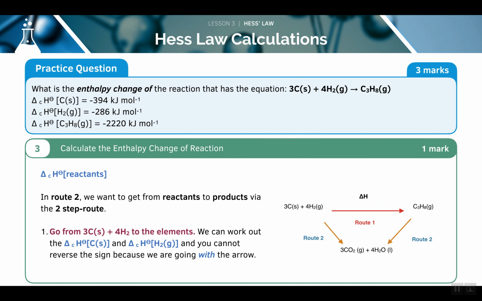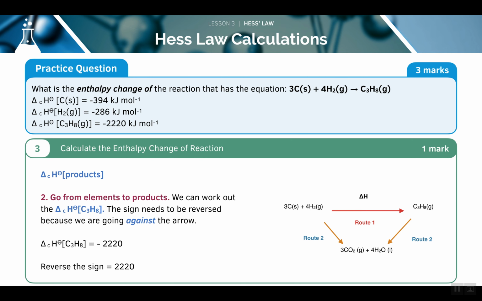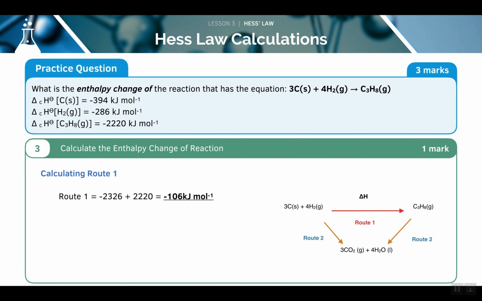Now we can go through step 2. This leaves us with the answer minus 2326. Since we are calculating the enthalpy change of combustion of the products, we need to reverse the sign and calculate route 1.